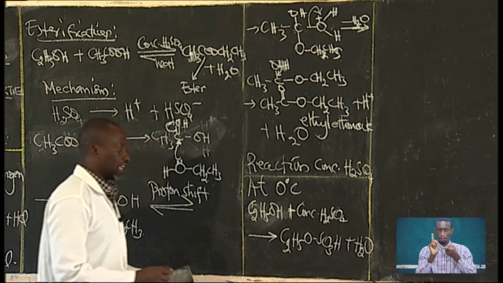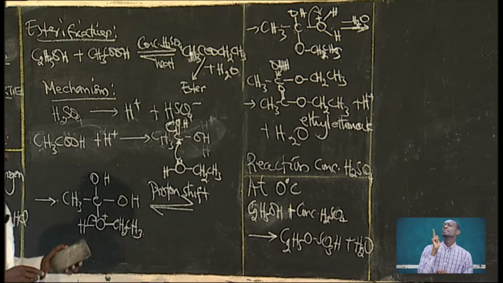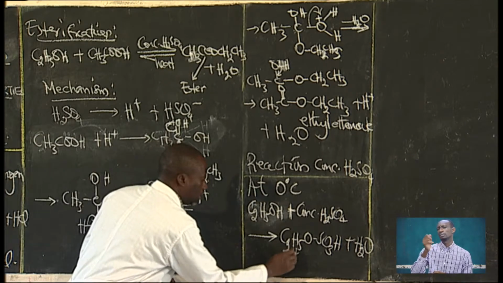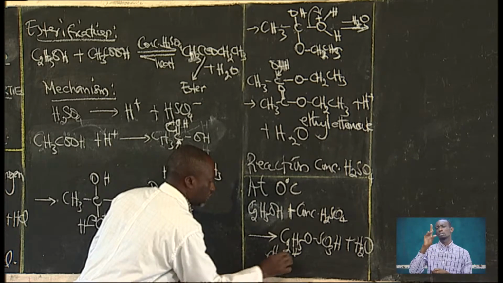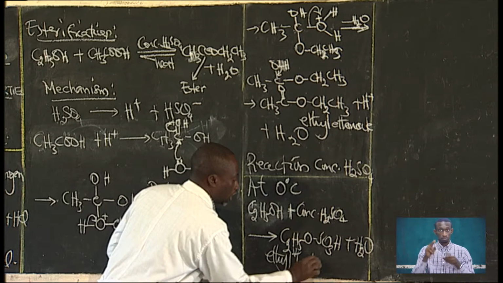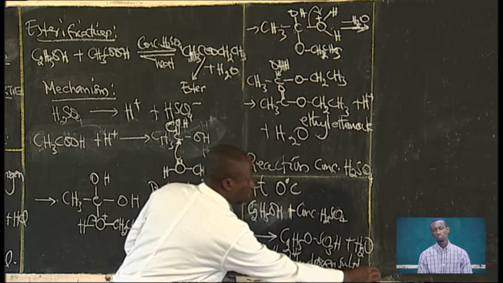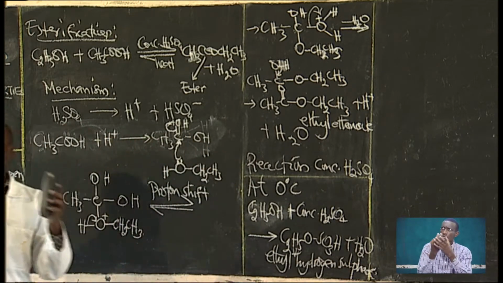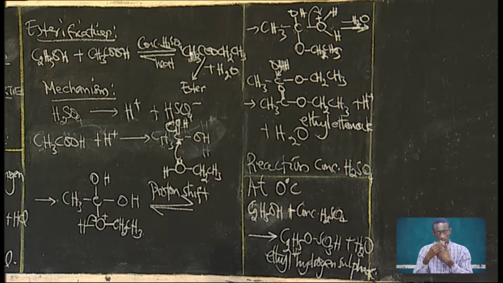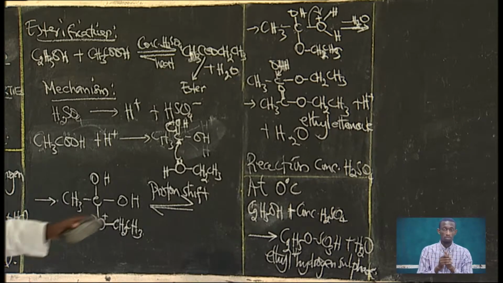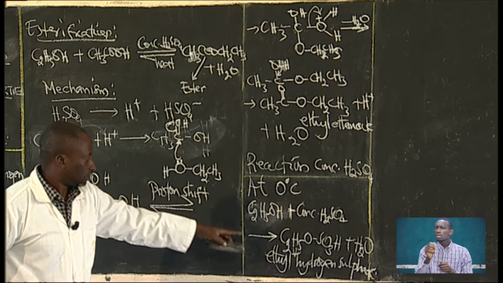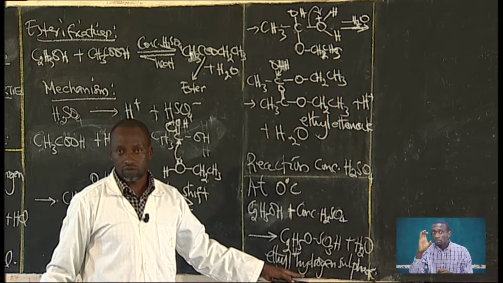This is ethyl hydrogen sulfate. This is the product that is formed, and you have to take note of the conditions that are used here. At 0 degrees Celsius, ethyl hydrogen sulfate is formed.